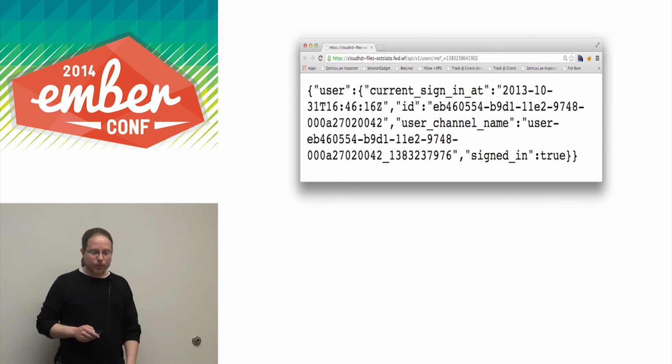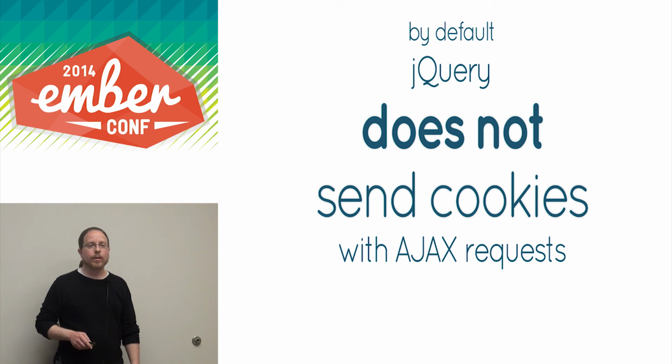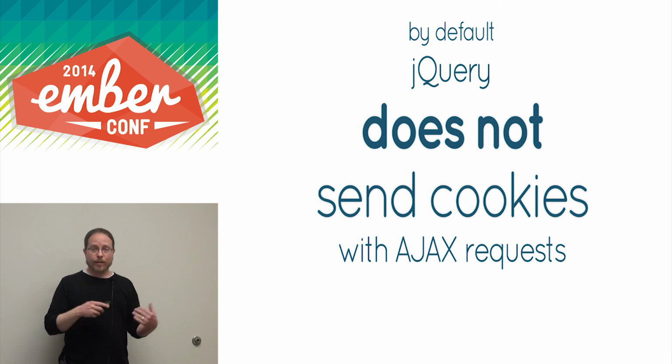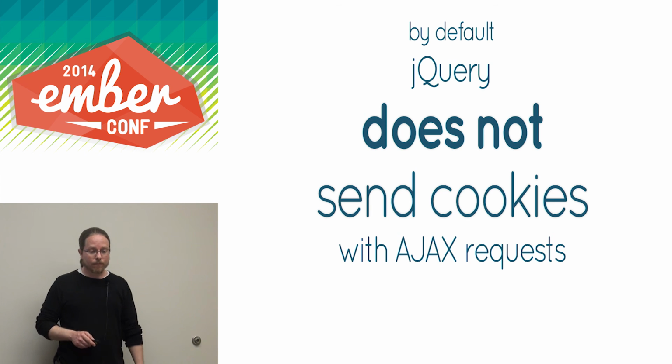This can be very confusing until you understand that by default, jQuery does not send cookies with Ajax requests. And so this prevents the session-based authentication from working. And it's only within Ajax requests. If you make the same request in the browser, just raw, it'll work because the cookies are being sent.